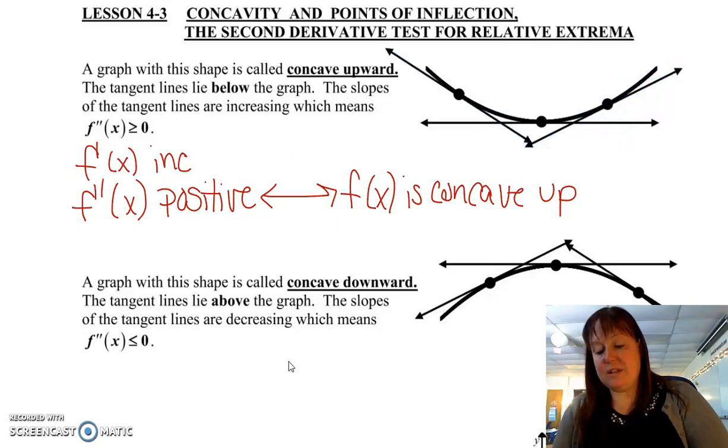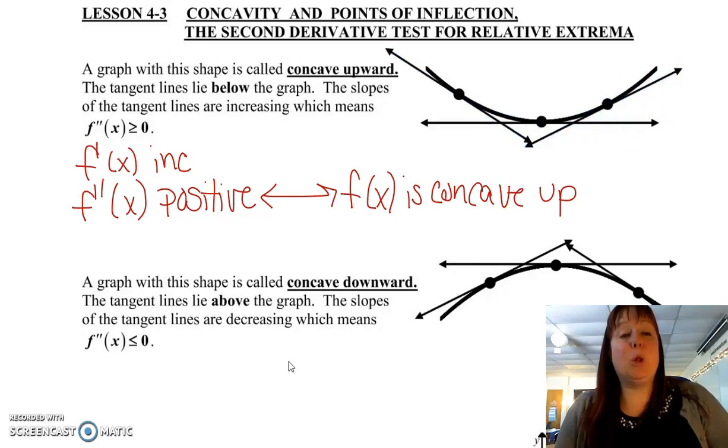If you look at this, the other thing you can notice is that the tangent lines are always below the graph. That's how you can tell that it's concave up, and sometimes it's hard to see where a function switches concavity. So draw a tangent line and figure out if it's below or above the graph.